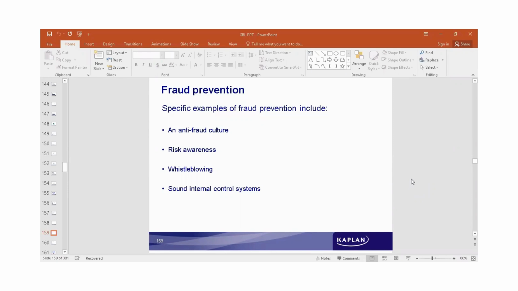That has to be made known to the employees. So have an anti-fraud culture, and the value system they believe in. Anything related to the policies and procedures which they are supposed to frame for the organization, all those measures have to be taken up and communicated to the people in the organization.